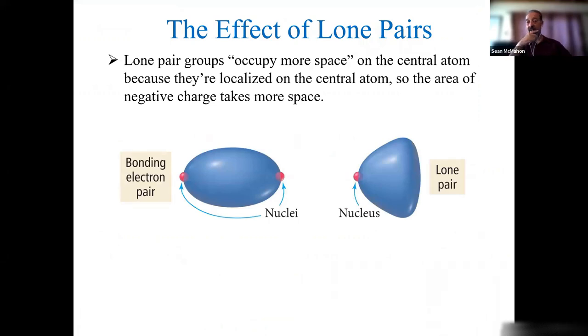Some of those Lewis dot structures, though, they actually had lone pairs. And the lone pair, in actuality, affects the repulsion. And why is that? Well, if I have 2 electrons that are being shared between 2 nuclei, what they should be saying is here's 1 atom, here's another atom.